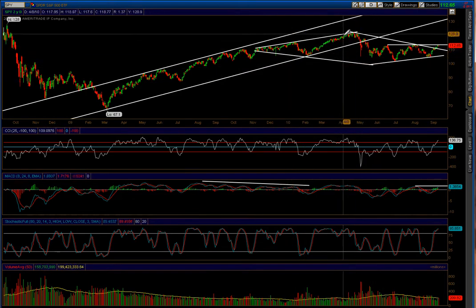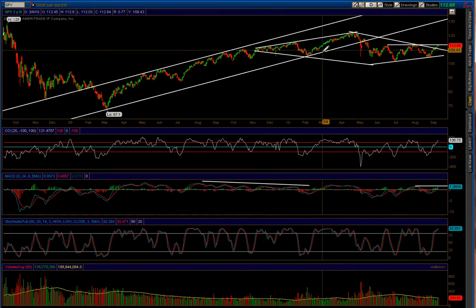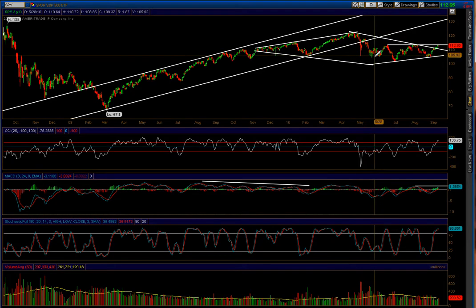This is the pattern that I'm following, and it's called a diamond pattern because it looks like a diamond. It started back over here in November of 2009, and once we broke down from this uptrend channel right here, we started creating the second half of the diamond pattern.